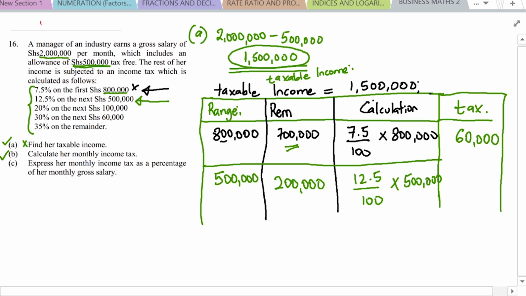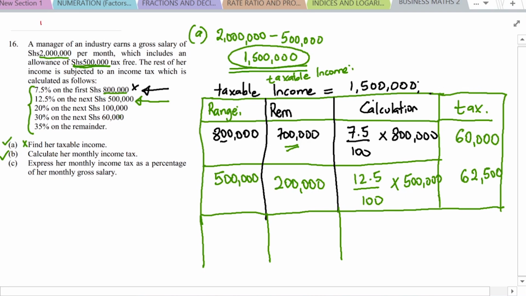So we go ahead and multiply that too, and we shall end up with 62,500. So we finish that next 500,000. Then we're talking about the next 100,000. In the next 100,000, the tax rate there is 20%.